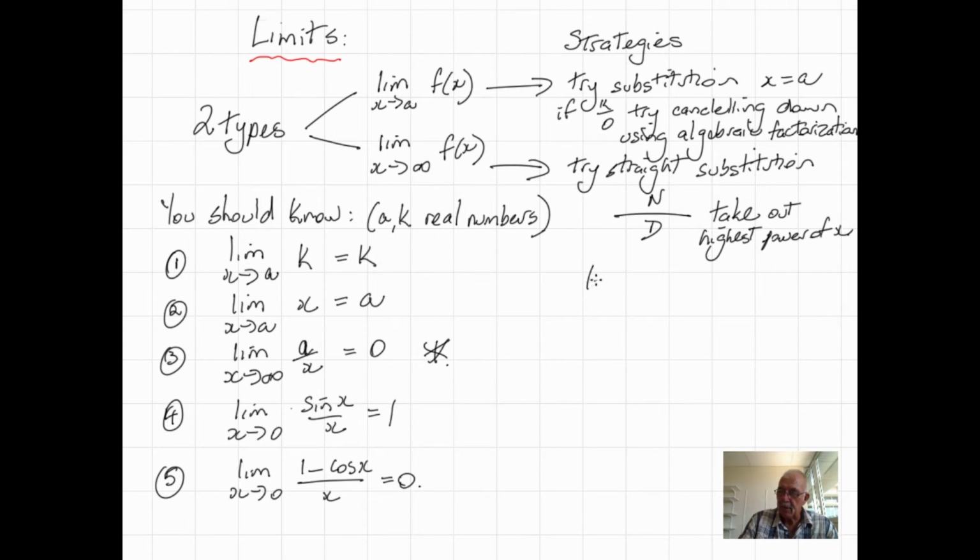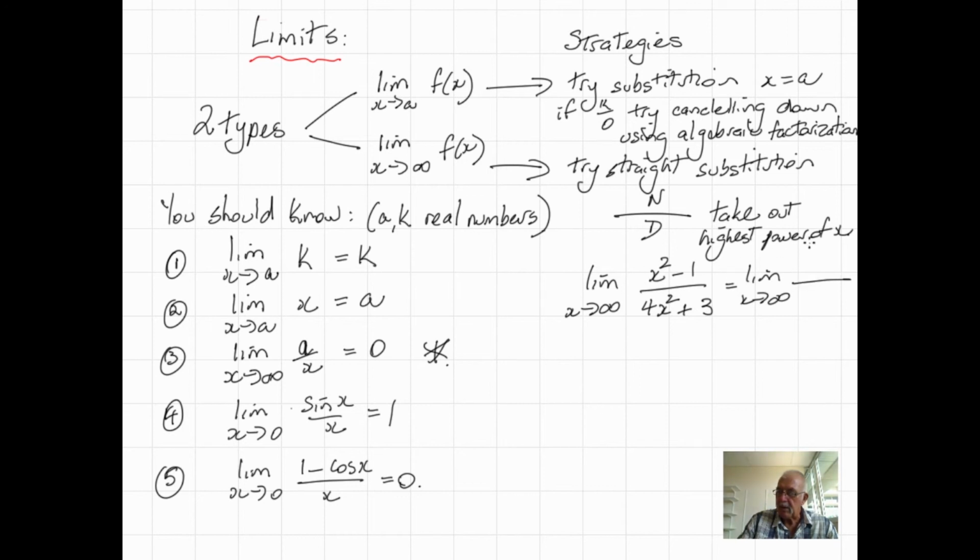So for instance, if you wanted the limit of x squared minus 1 over 4x squared plus 3, as x approaches infinity.